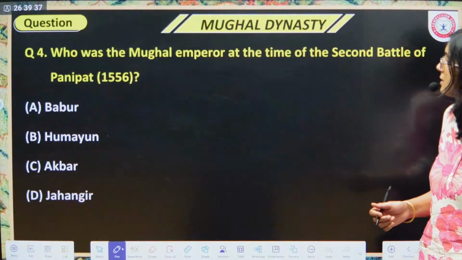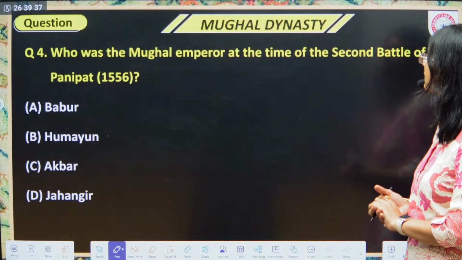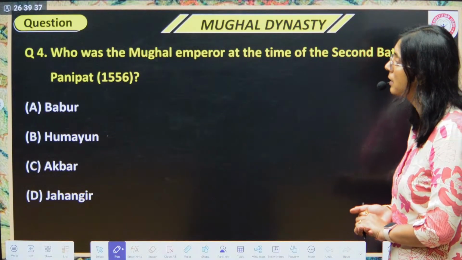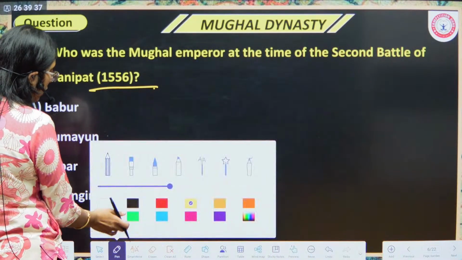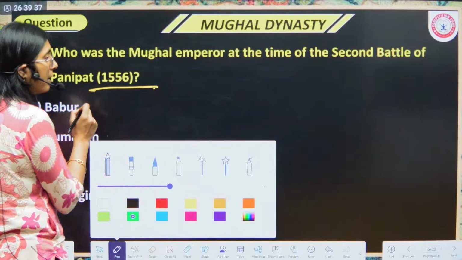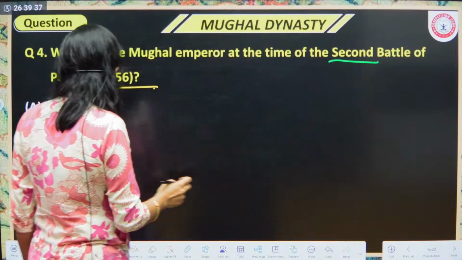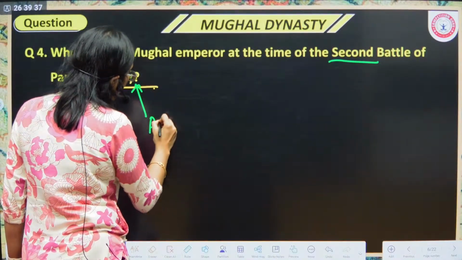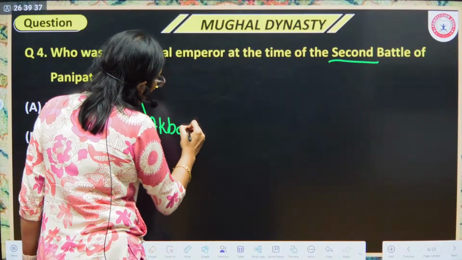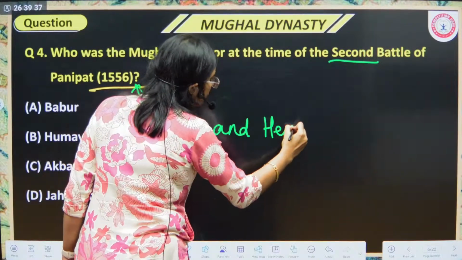In the next question, who was the Mughal emperor at the time of the second battle of Panipat? That is 1556. Now, the question is not about the first battle of Panipat, but the second battle of Panipat. It was between Akbar and Hemu.